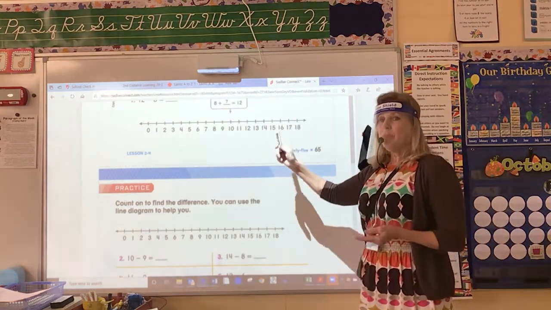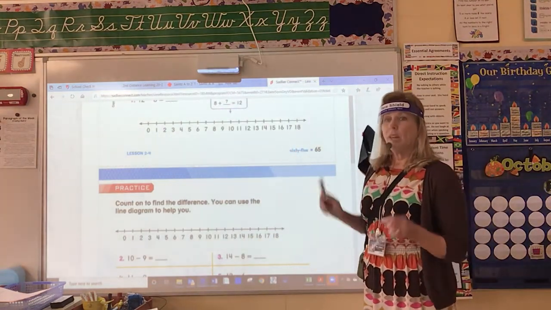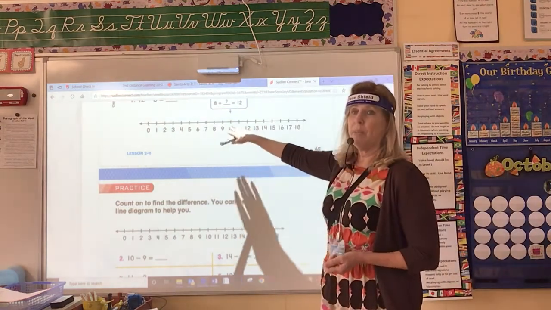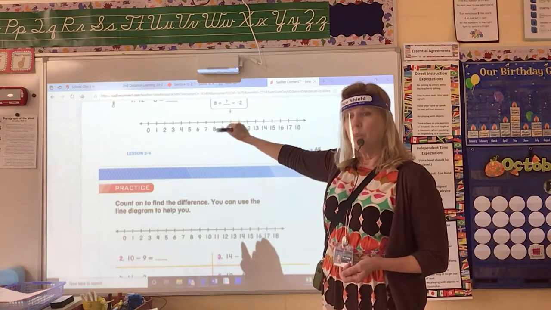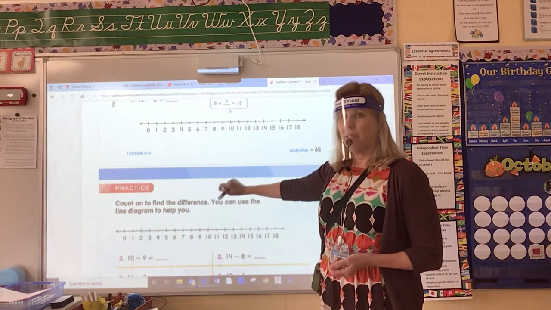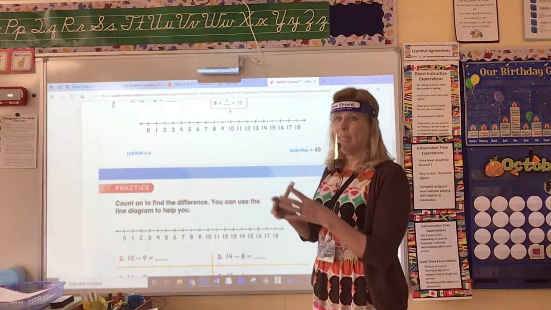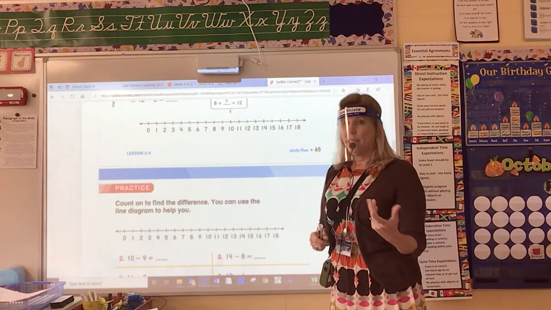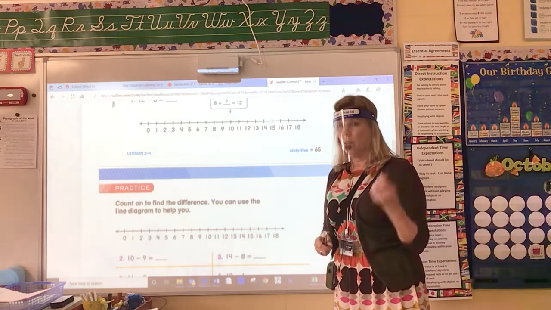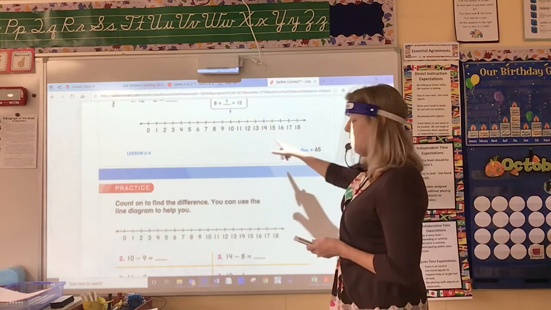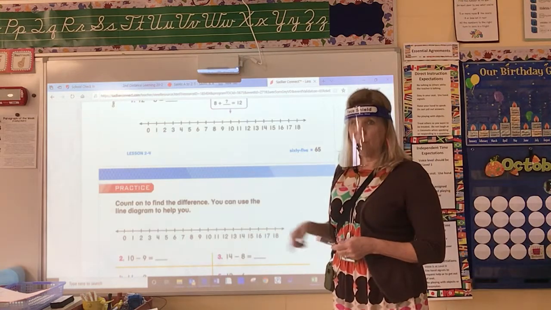So, Miles, we are doing subtraction, but we are using the number line to count on to find the difference. So remember, we're adding to find the difference. Like, remember how we said that we can always add to check our subtraction problems? Yeah.